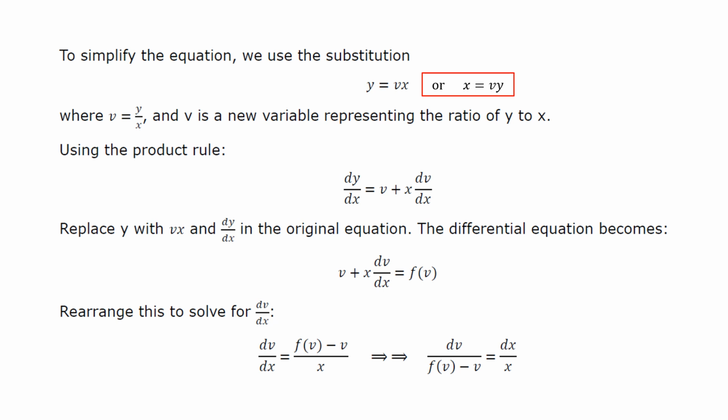Now we can rearrange this to solve for dv/dx. We subtract v from both sides, divide by x, then simplify to get separable variables, so we'll have the v's on one side and the x's on the other.